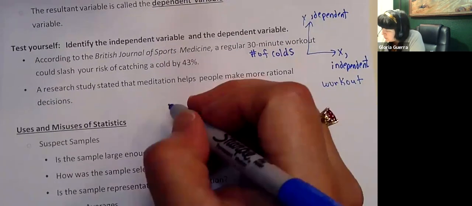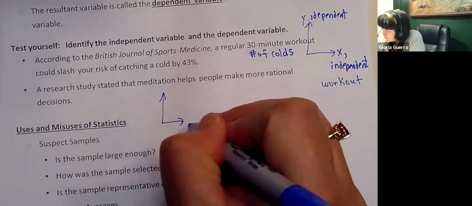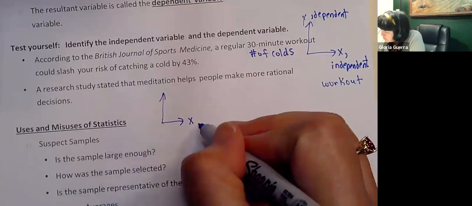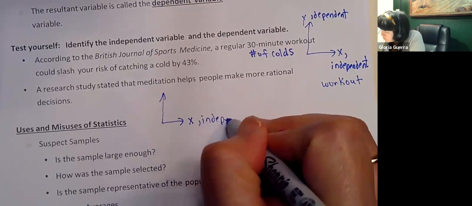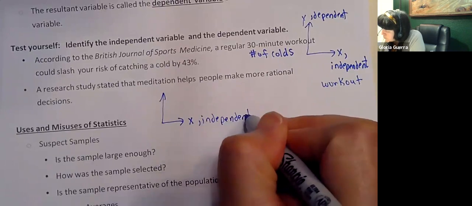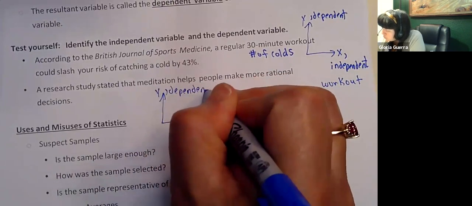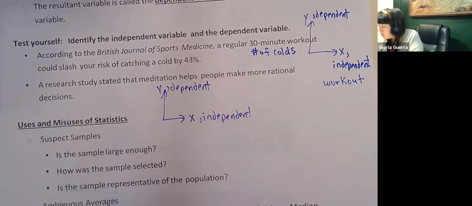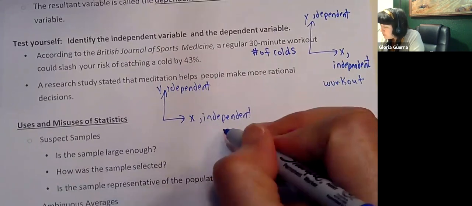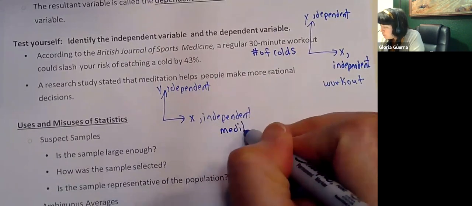Okay, and then for this problem here, if I do the same thing, x is independent, y is dependent. A research study stated that meditation helps people make more rational decisions. So here the independent variable is that form of meditation.